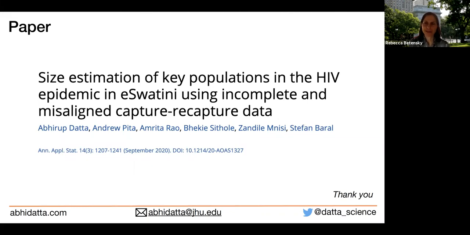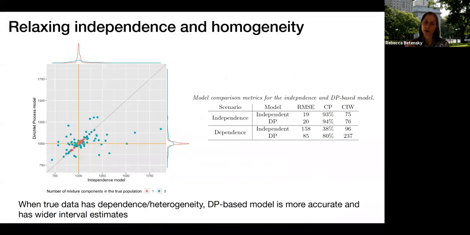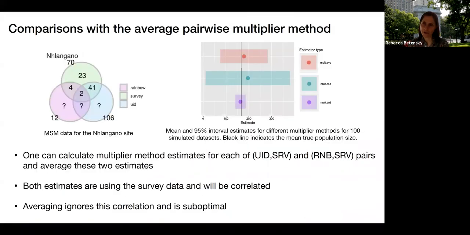I'll ask a question. I'm just wondering if your comparison to the average pairwise multiplier methods is fair, in that, are they taking into account the constraints?